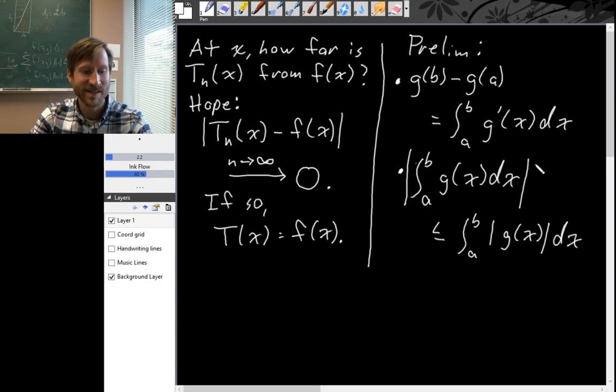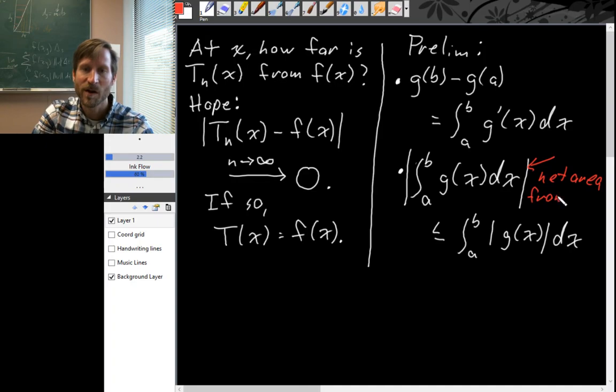On the left-hand side of this inequality, this is the net area under the graph of g of x from a to b, or the signed area is another way of expressing this. In other words, since g of x might sometimes be above the x-axis and sometimes below, in this integral the positive and negative areas will cancel.